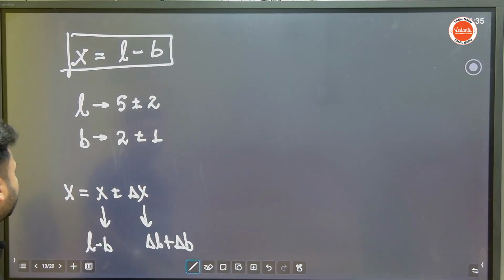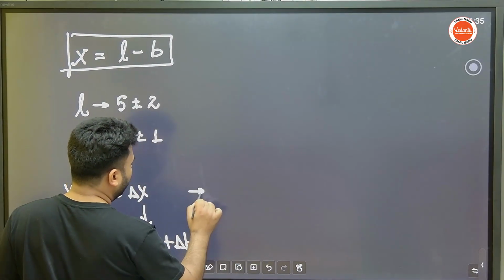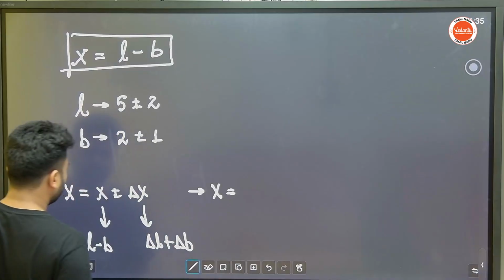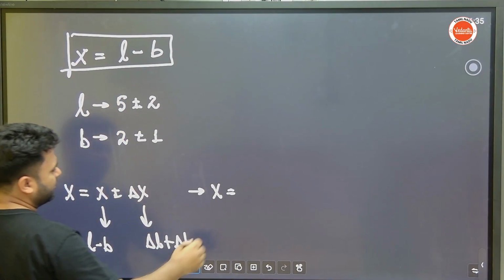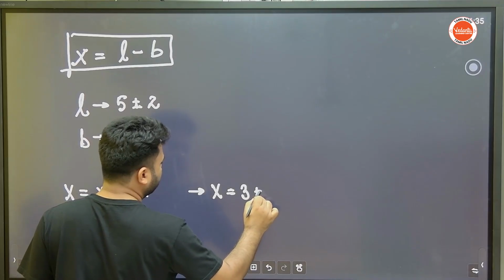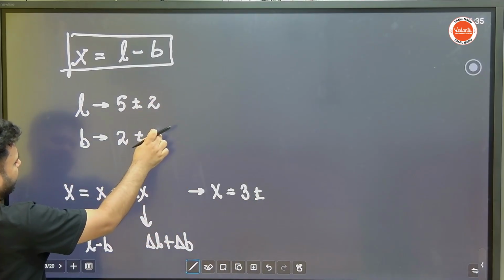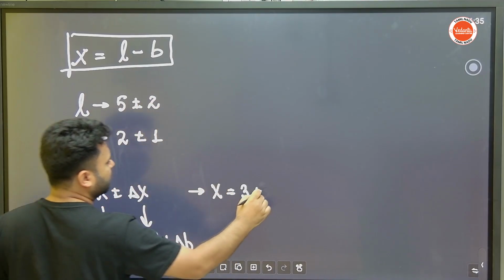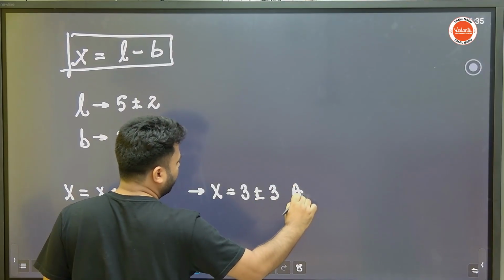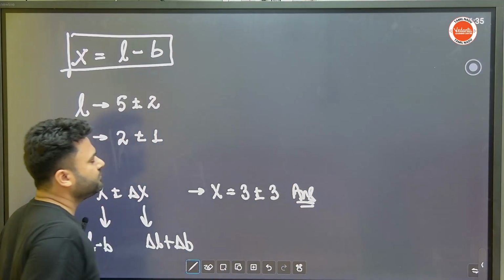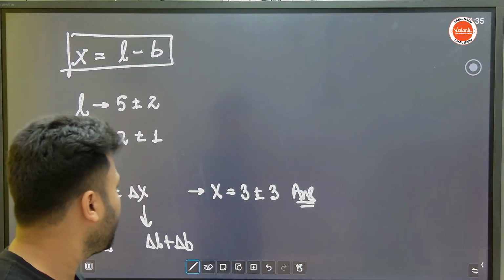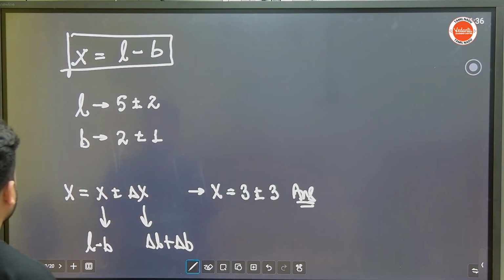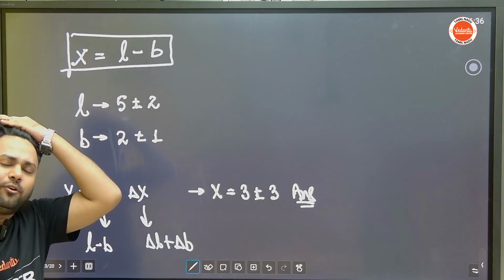So finally our x will become L minus B. Length is 5, breadth is 2, 5 minus 2, that is 3. Plus minus the error of this and the error of this will be added, 2 plus 1, 3. So this will be our answer. Correct. So this is the rule for addition or subtraction.